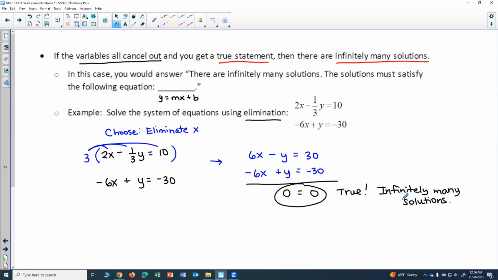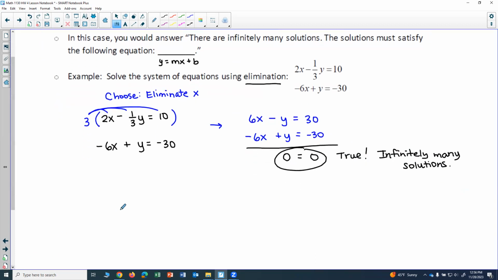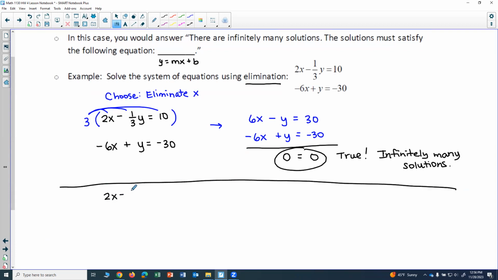And now I have to figure out what to put in this blank. The solutions must satisfy the following equation. So what I'll do is I will take my original equations. So I have 2x minus 1/3 y equals 10, and I'm going to solve for y. So I will subtract 2x from both sides.